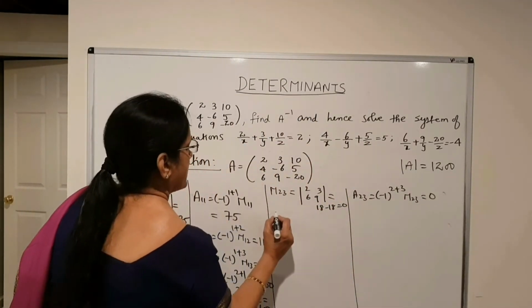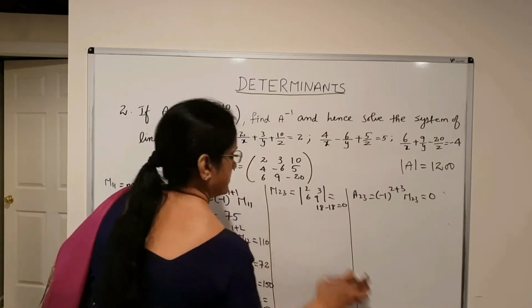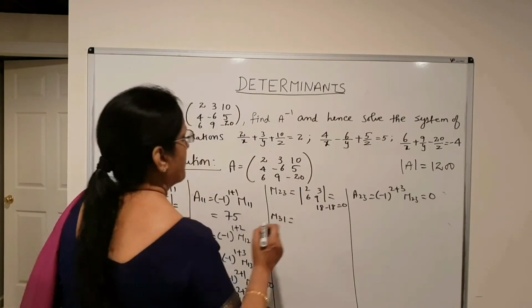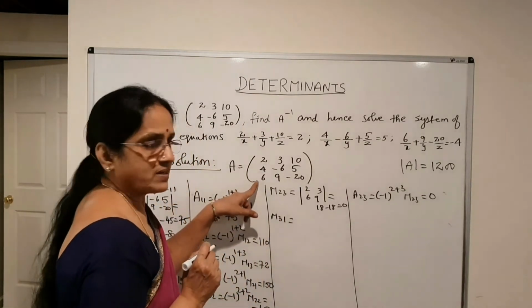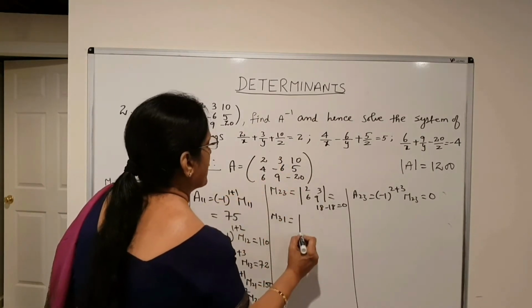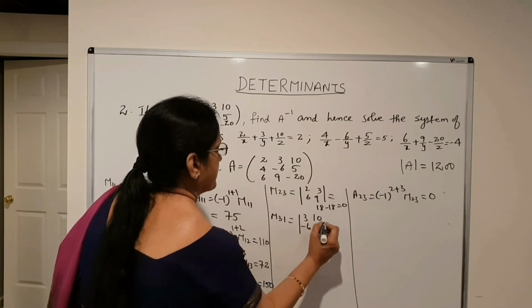Next, M31, the minor of the element A31. So, leaving the third row and first column, I will be having 3, 10, minus 6, 5.